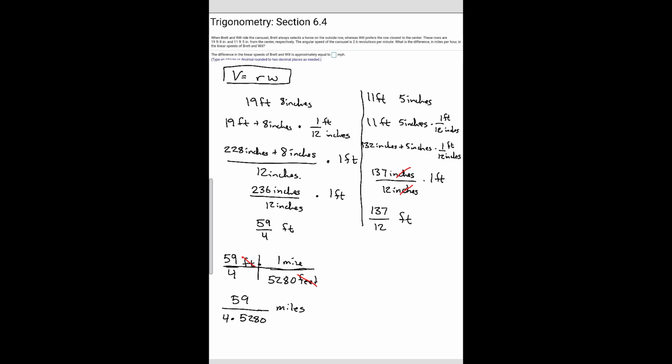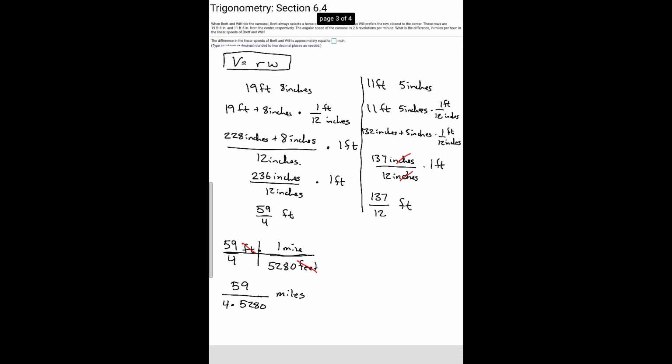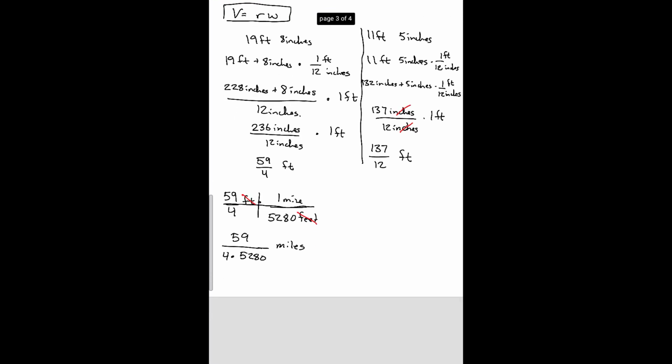So that becomes 59 over 21,120. All I did was multiply 5,280 by 4 on the bottom.